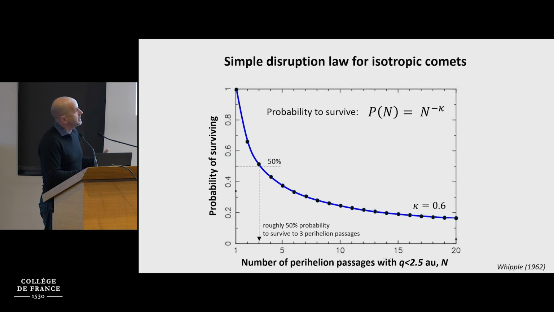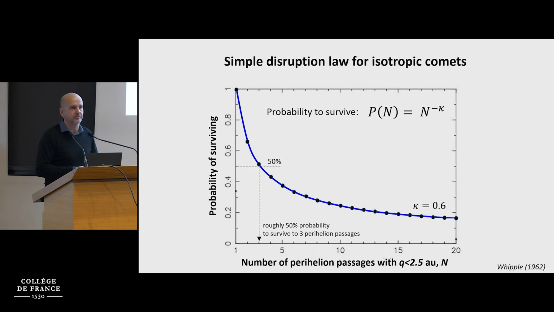law, where n is the number of passages and kappa is a free parameter. We don't know what kappa is, and it's something that has to be fit to the observations. And this is an example for kappa equal to 0.6. So in this case, a comet has a 50% probability to survive to the third perihelion passage.